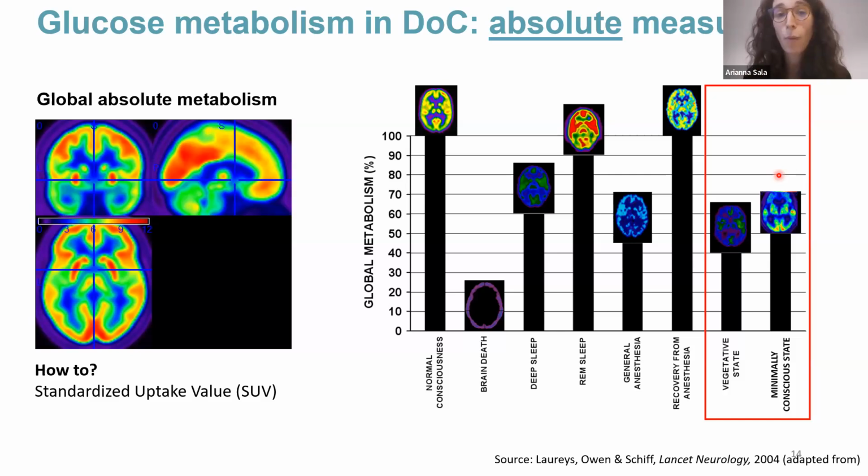So it's quite a huge effect that tends to give quite clear results. And it has been proved that with good accuracy, one can distinguish between unresponsive patients and minimally conscious patients if we consider a decrease of 58% as a cutoff between the two clinical groups.